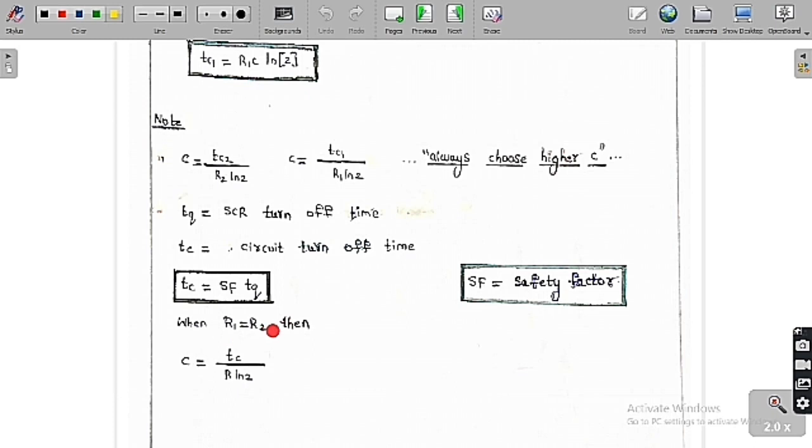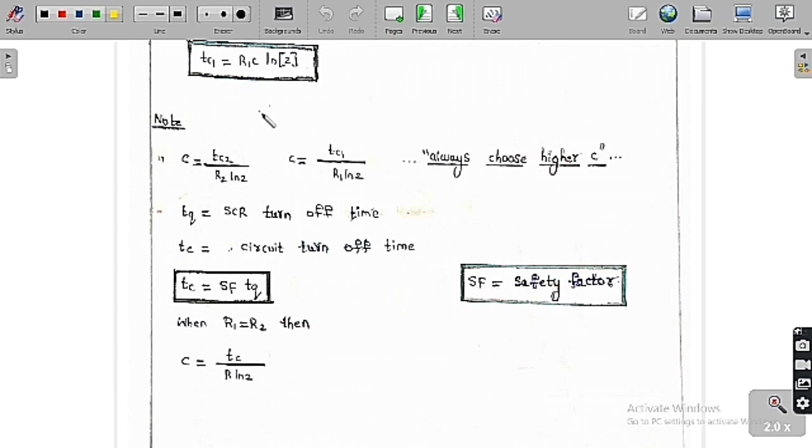If R1 is equal to R2, both give the same expressions, which means both thyristors have the same circuit turn-off time. Then C is equal to Tc by R ln 2, where SF is called the safety factor.